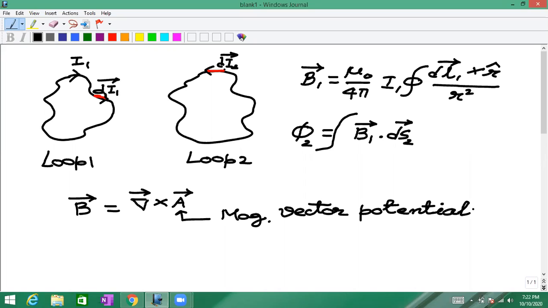Now we can replace this B1 vector by the vector potential using this equation. Let me do that.